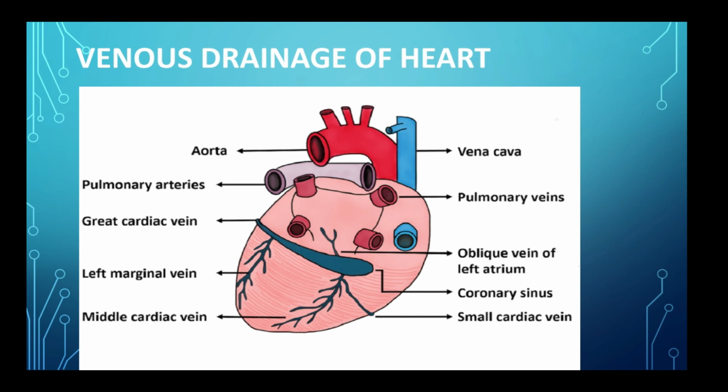The coronary sinus receives blood mainly from the small, middle, great and oblique cardiac veins and the marginal vein.